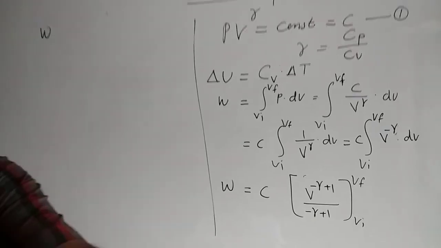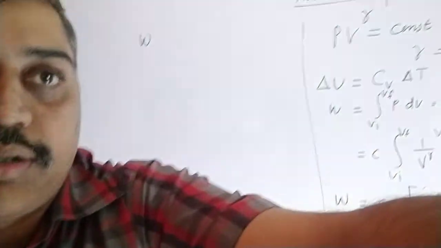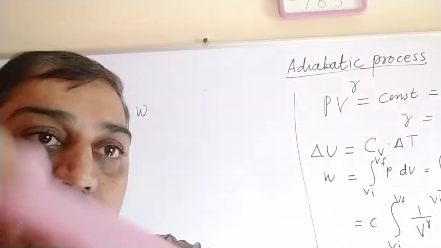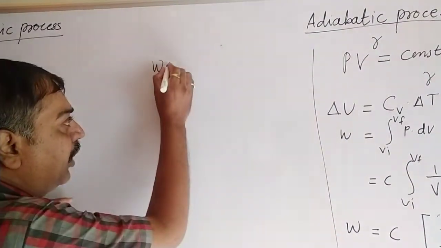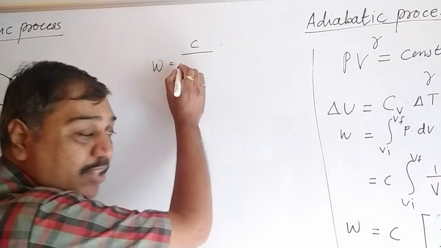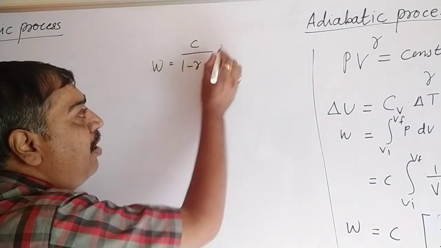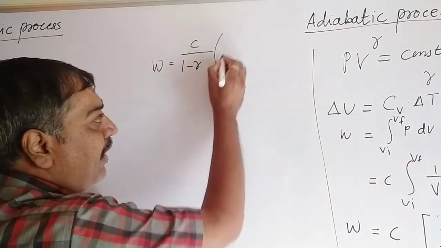I will write it a little bit to this side. So we can write here W equal to C divided by minus gamma plus 1, which is 1 minus gamma. In the bracket we have to put that value. Now what is the value in the bracket?